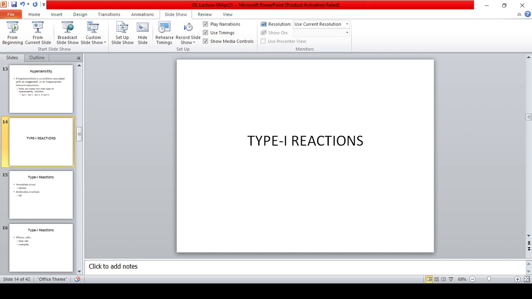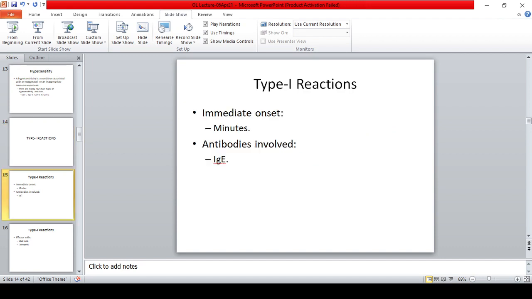Type 1 reactions. The type 1 reactions are immediate in onset, that is, they take place within minutes, and the antibodies involved are of the IgE type. The effector cells which carry out these reactions are the mast cells and the eosinophils.